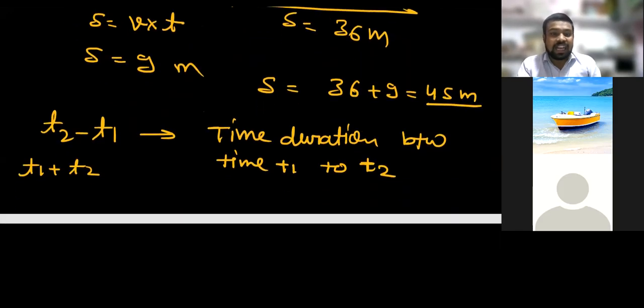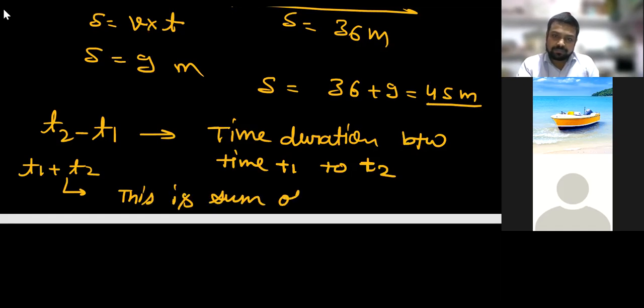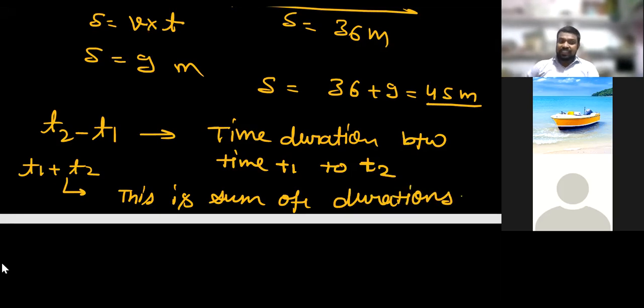And this is the sum of durations. T1 is one duration and T2 is a different duration, so these are the sum of durations, not a duration or an interval. This is the total duration or total interval. Clear, my dear friends? Yes, sir.